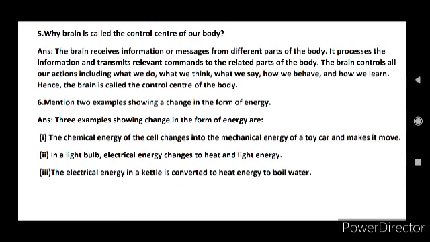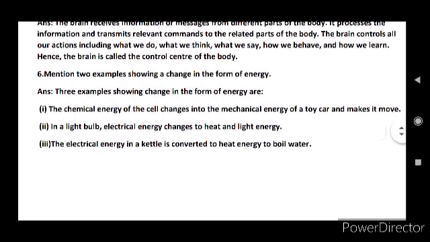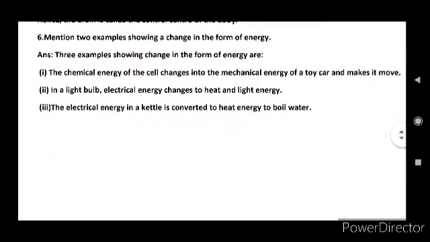Next, the sixth question: mention two examples showing a change in the form of energy. Some examples are: the chemical energy of the cell changes into the mechanical energy of a toy car and makes it move.